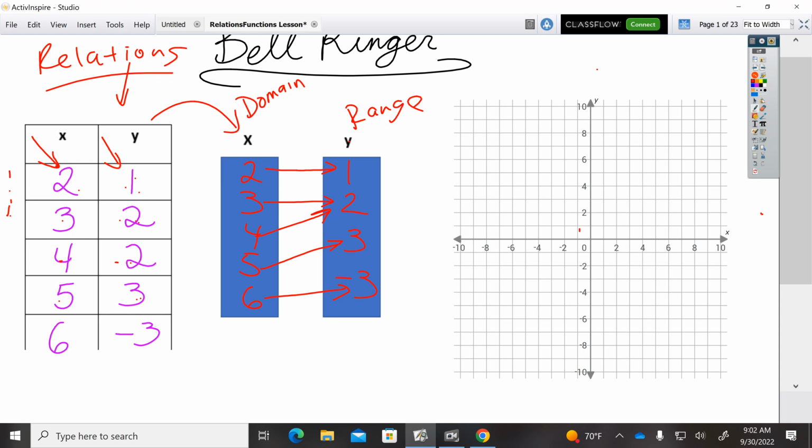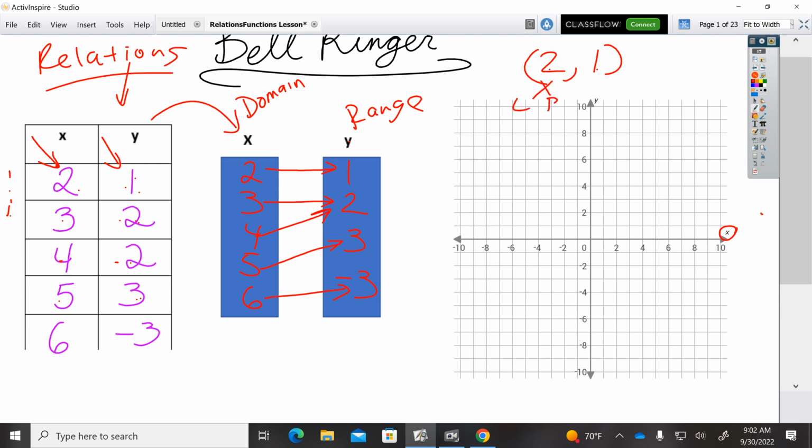Now, this part here, the graphing part, I saw a bunch of mistakes on IXL happening when you're graphing these points. So, first of all, the first point we're going to graph is 2, 1, right? This number is the X, which can only move you left or right, because the X-axis moves left or right.